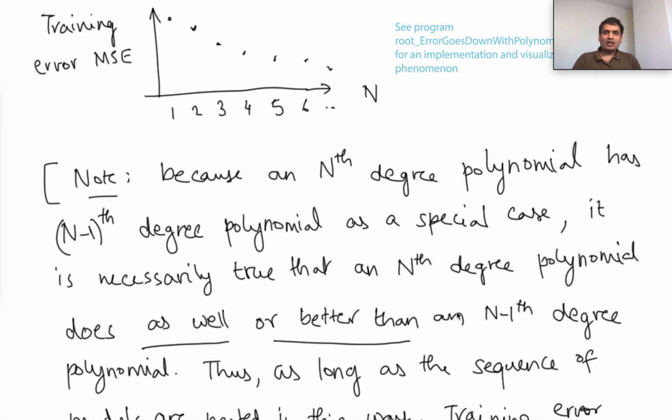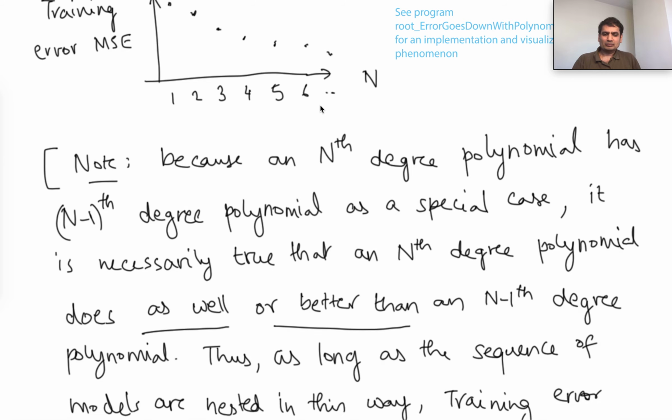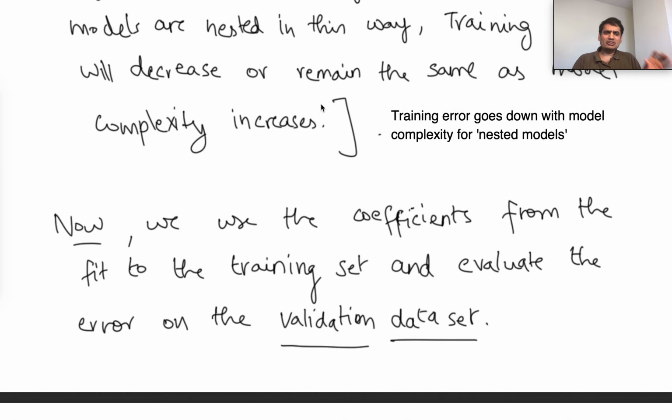So what do you do after training the models on this training set? You get the best fit model for each model complexity. Then when you actually want to test how good the model is, you use the validation data set.